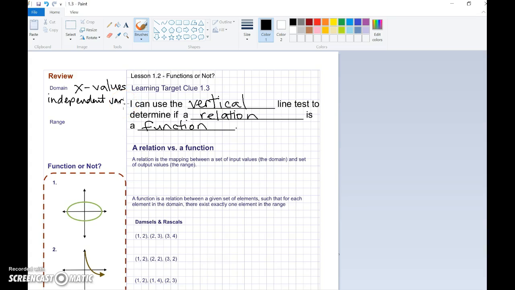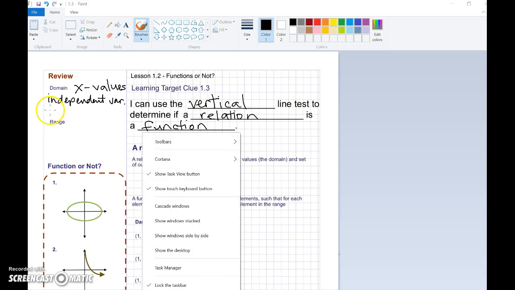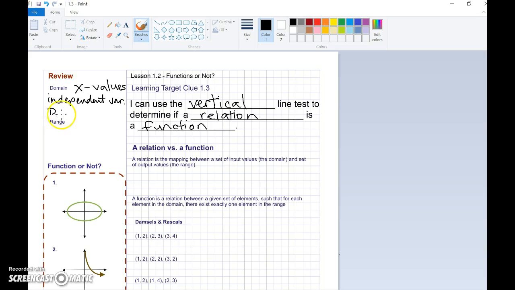And if you remember me talking about it, I also think of the x's as the girls, and so I call them the damsels, which helps me to remember that damsels begin with D, and so does domain. Okay, the damsels. Now, the range is made up of the y values. And those are dependent variables.